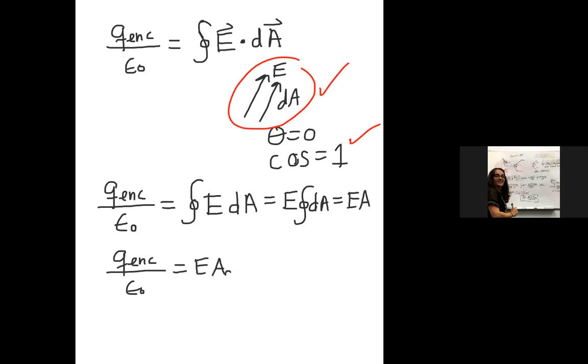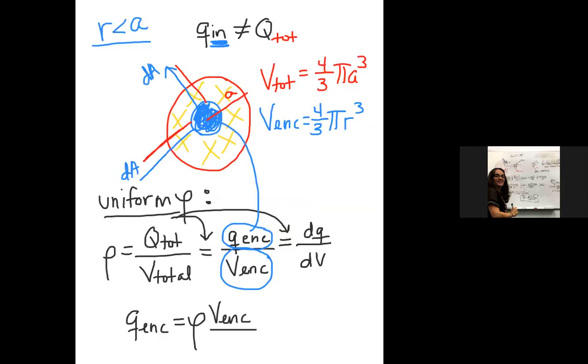Now this is the area of my Gaussian. I know what that is. The area of my Gaussian, remember, was 4 pi r squared. Where's my Gaussian? My Gaussian is this blue. My Gaussian has a radius of r.